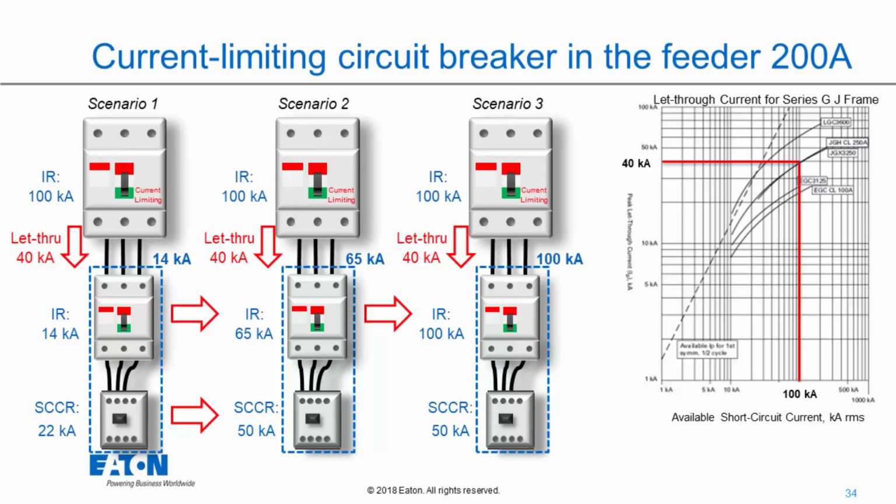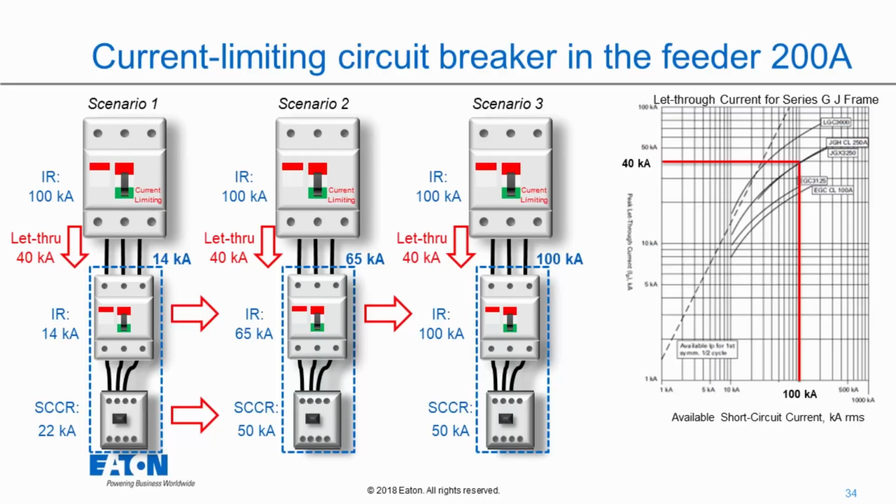Once I had that 100 kA breaker in my feeder, there we go, then I'm able to raise it up to 100 kA. So that's how to work with a breaker.